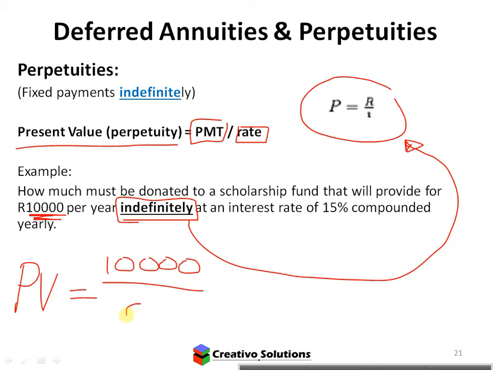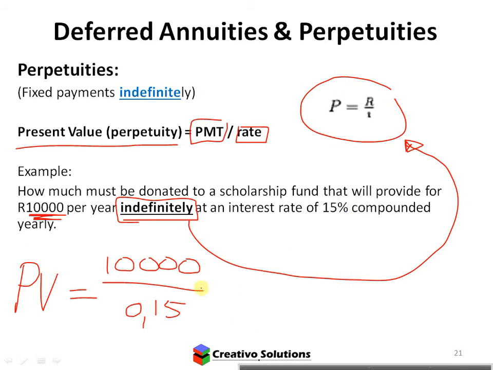So 10,000 is PMT. Interest is 15%, compounded yearly, so 15 is I over Y. What do I put in for N? You don't put any in because it's indefinite. So then I just click PV? No, you need to use the formula.